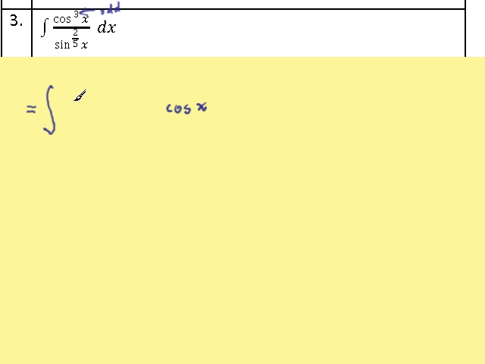And we're left here with cos squared divided by sine to the 2/5 x. And we're going to change this to 1 minus sine squared. And now we're ready to do our substitution. u equals sine x, and du is cosine x dx.